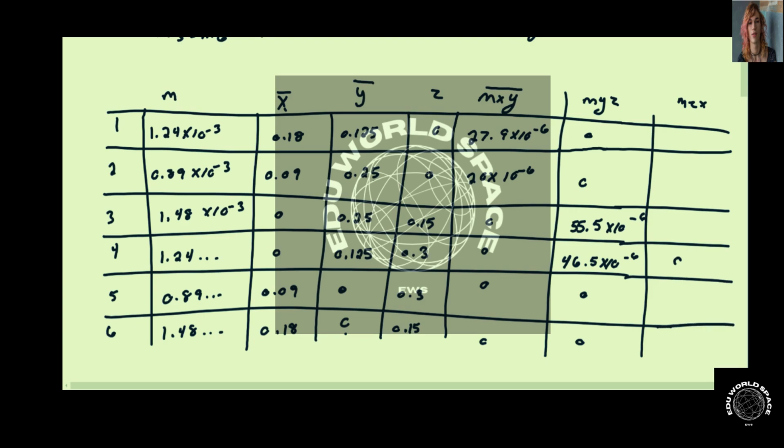Here we have 0, 0, 0, 0, and this is going to be 24.03 times 10 to the negative 6, and 39.96 times 10 to the negative 6.